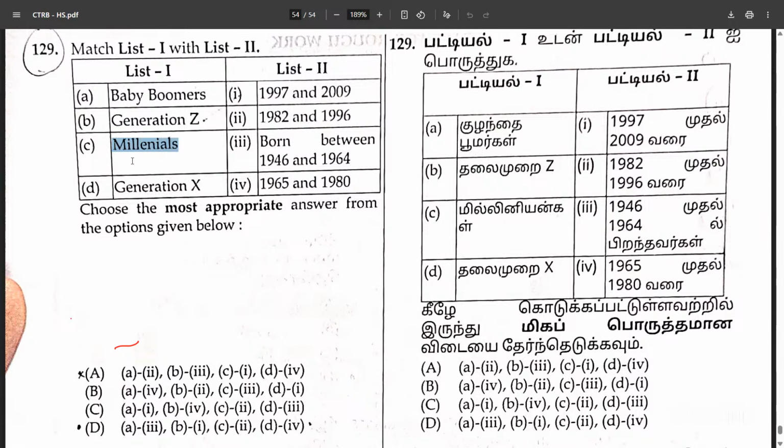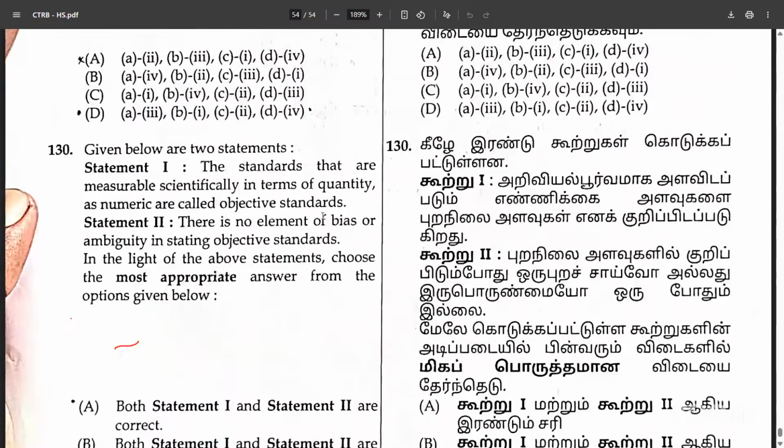This is Gen Y. They are born between the 1980s to the mid 1990s, so it will be matched with 1982 to 1996. And then there is Generation X. It includes individuals born between the mid 1960s to early 1980s. So this will be matched with 1965 to 1980.